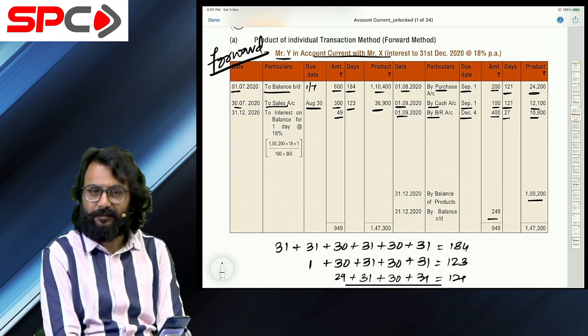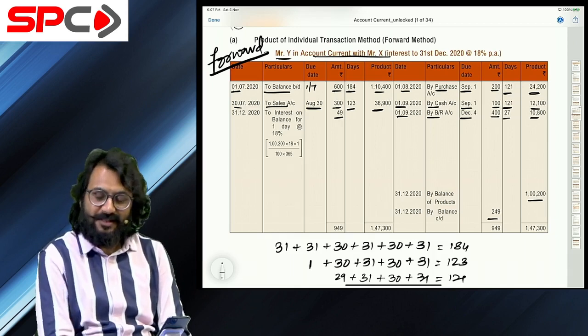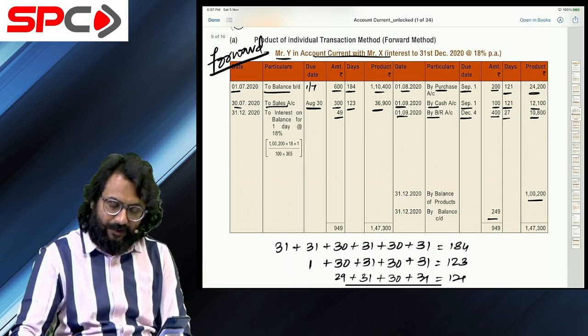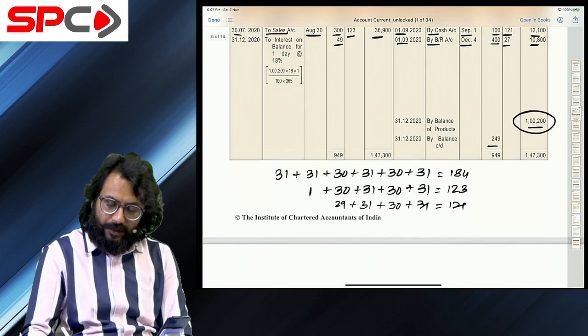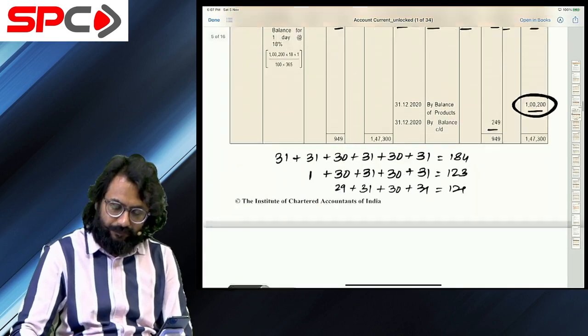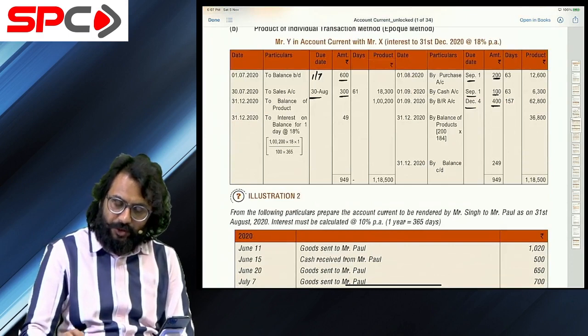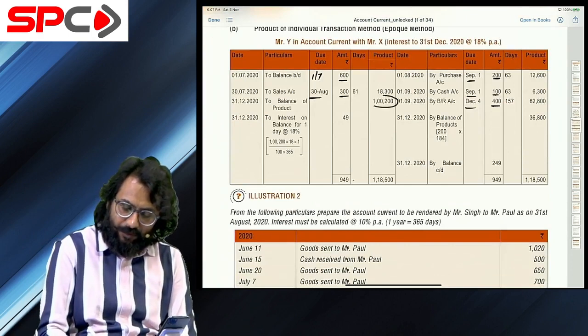Say yes. People, have you understood this? Good. 1,02,000, you have understood the balance of product. When I go into the forward method, can you see the balance of product has come on the credit side?